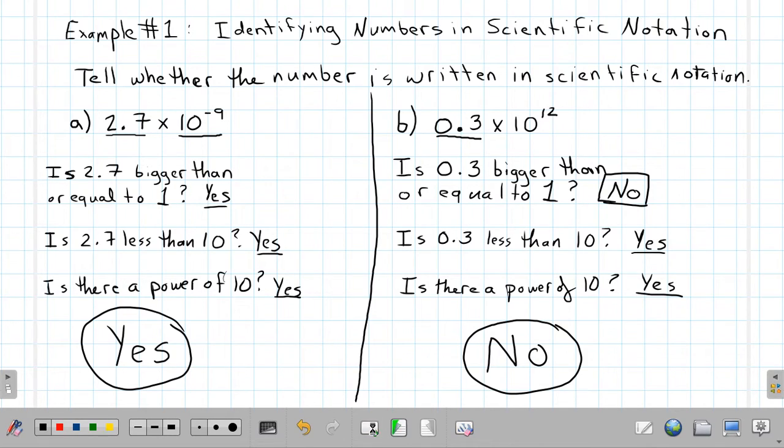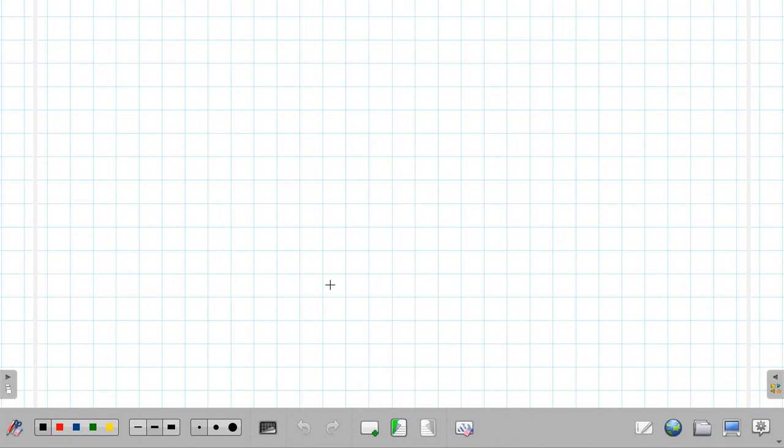So let's go ahead and talk about the next part. This is the major part, the main thing that we need to cover with scientific notation. And this has to do with writing numbers in what we call standard form.